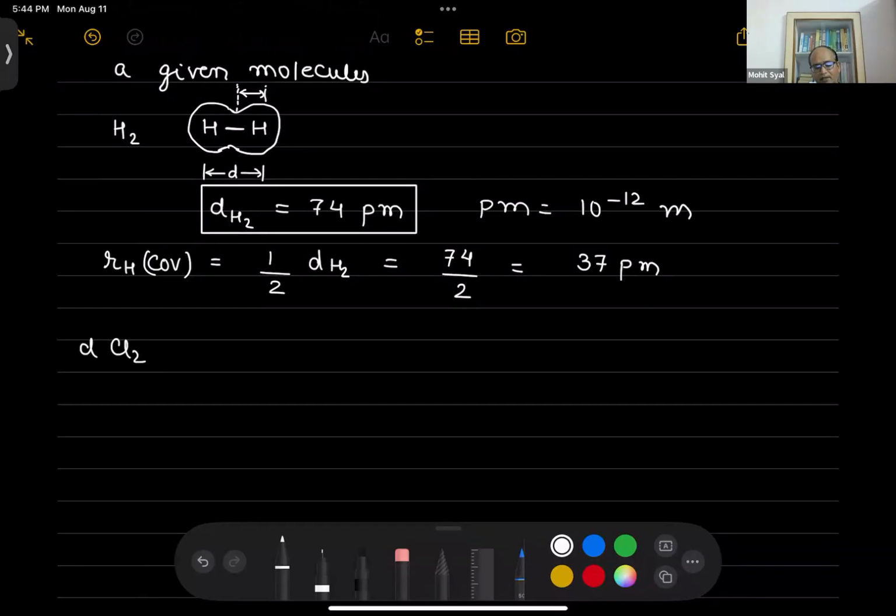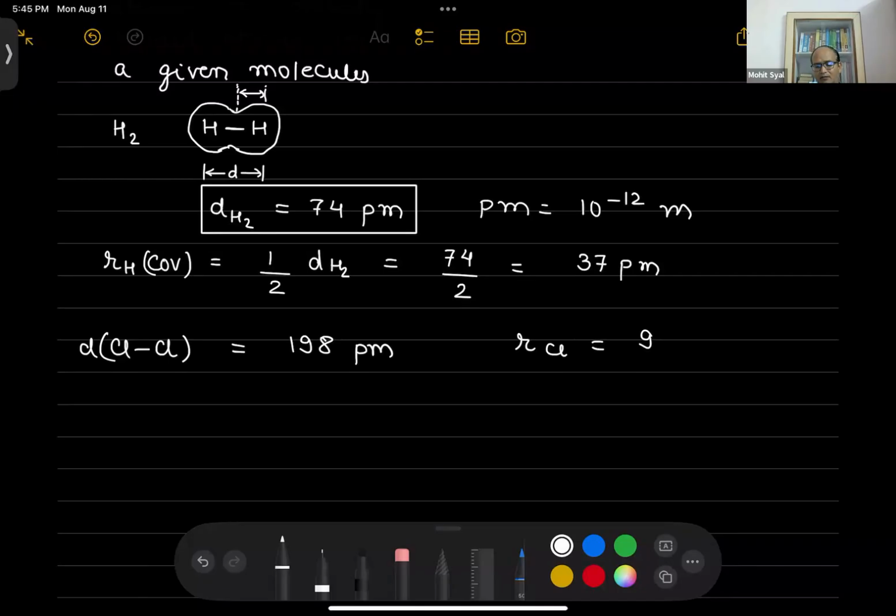Let's say you have taken a chlorine molecule. The distance between the chlorine atoms in a Cl2 molecule is 198 picometer. What is the covalent radius of a chlorine atom? Just half it.